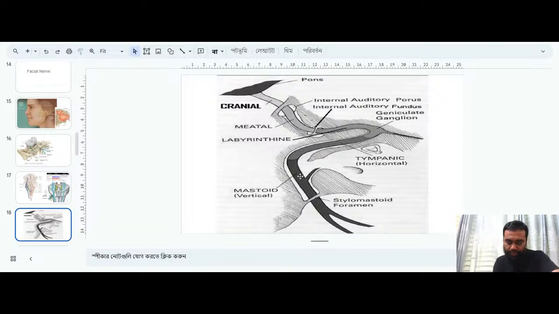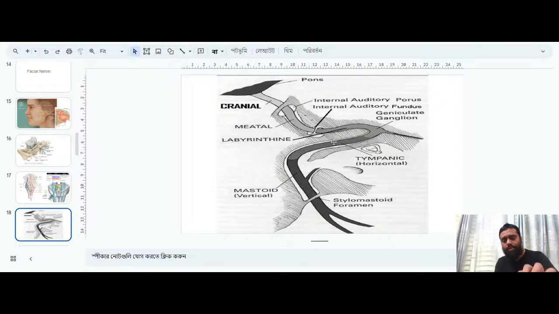When the facial nerve passes from the second genu to the stylomastoid foramen, this is the vertical part of the facial nerve, and where the facial nerve is present in the middle ear, this is known as the tympanic segment of the facial nerve.